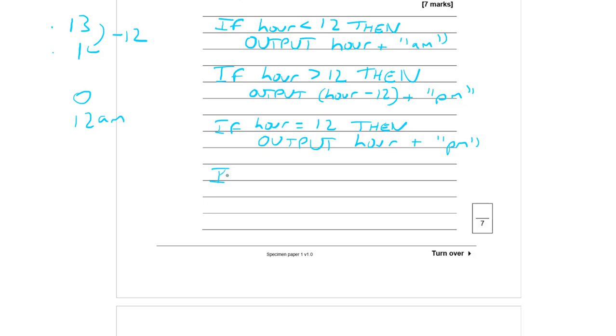So first of all, let's just do if the hour is 0, then we want to output just 12 AM, and those apostrophes are very bad, but hopefully you can see what I mean. But at the moment this would never get executed because it's covered by this so far, so we need to add something to this condition to change it.